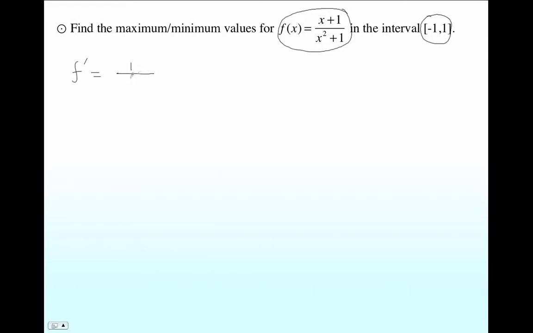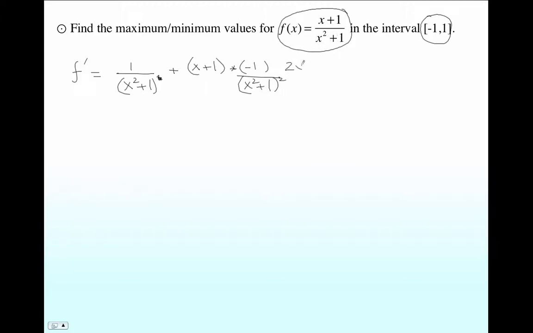We differentiate the first, that is x plus 1, we get 1, divide by the second, and then we've got to keep the first one as it is and differentiate 1 over x squared plus 1, which is going to give us minus 1. Remember, it's 1 over x squared plus 1 divided by x squared plus 1 squared.